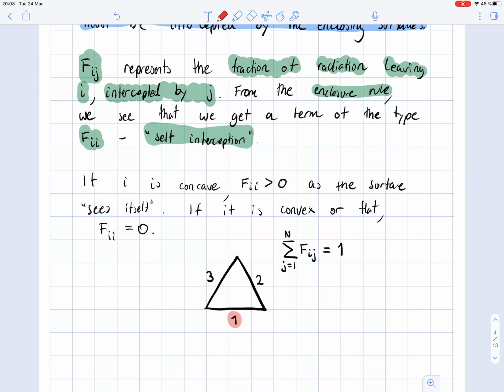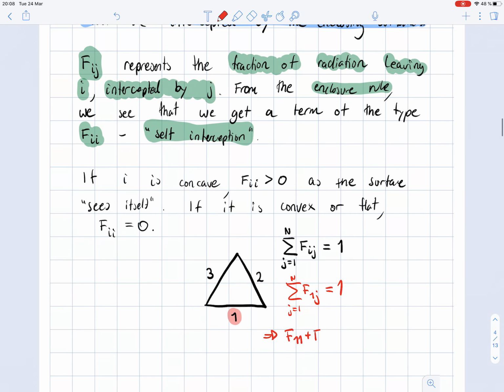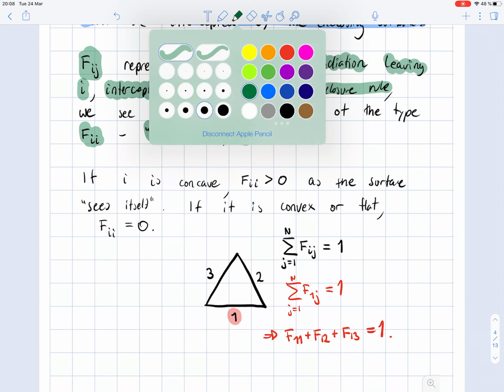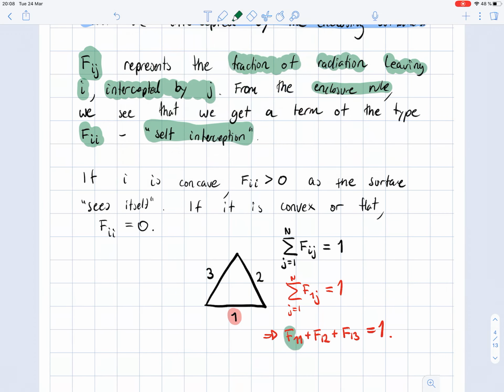So the sum of j equals 1 to n of F1j equals 1. And that tells us that F11 plus F12 plus F13 equals 1. As I said, we get a term Fii, or F11 for this example, which represents self-interception.